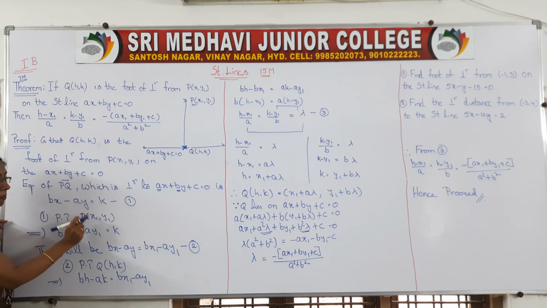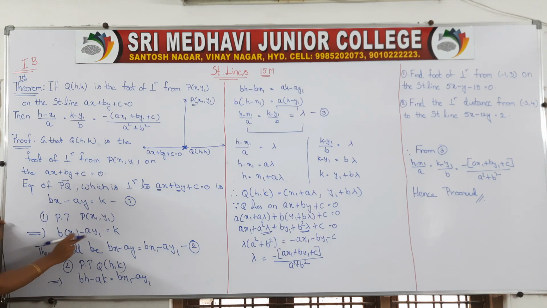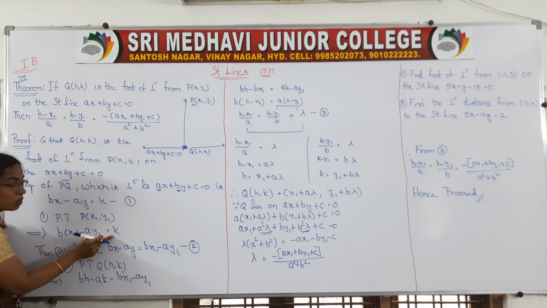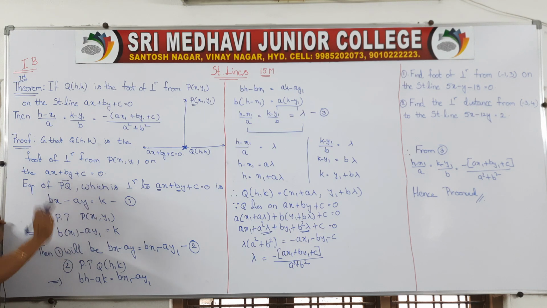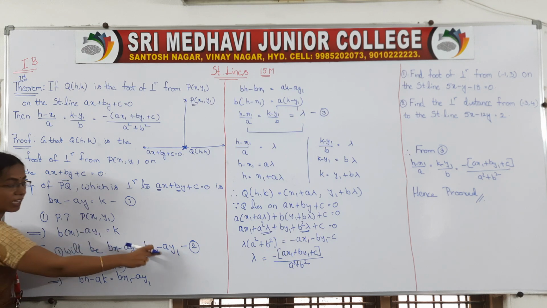In the x place you have to take its x coordinate, in the y place you have to take the y coordinate. So with this you got your k value. Substitute this k value in the first equation, right? Then you will get bx minus ay is equal to, wherever k is there, we have taken this one.